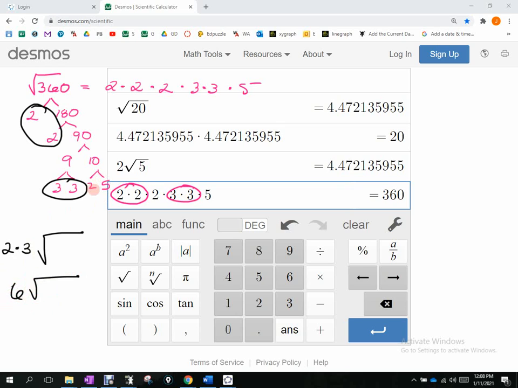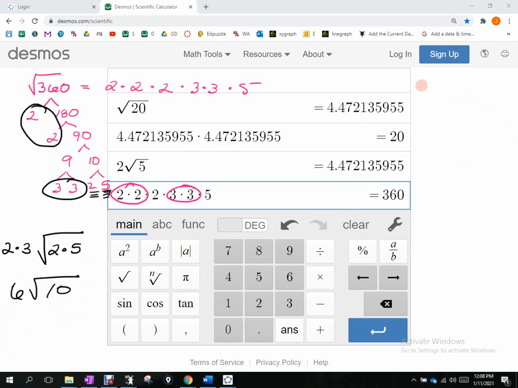Okay. Now the numbers that don't have groups, that 2 doesn't have another 2 to pair with, right? This 5 does not have another 5 to pair with. So they stay on the inside and multiply together. What's 2 times 5? 10. Okay?